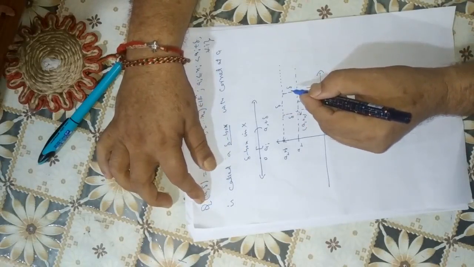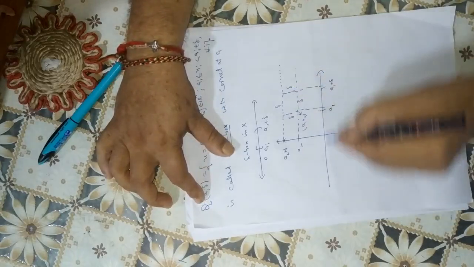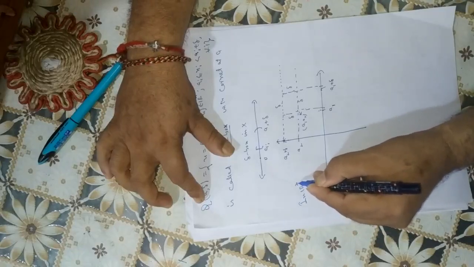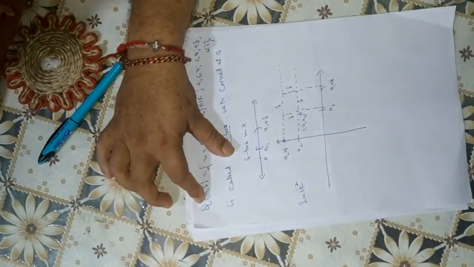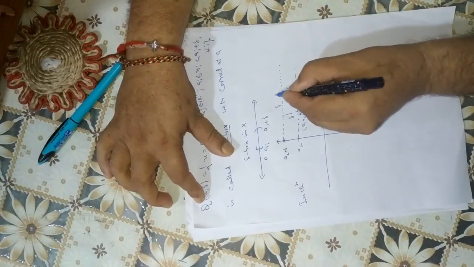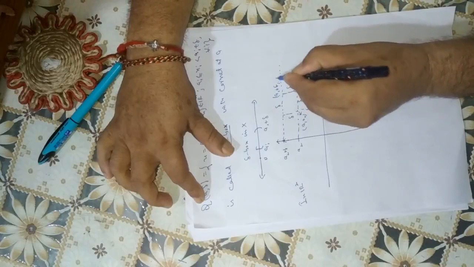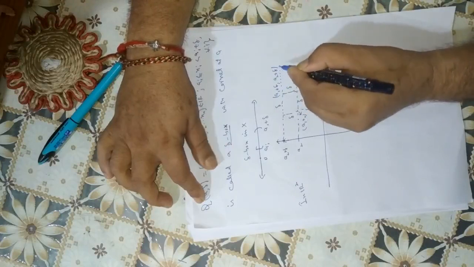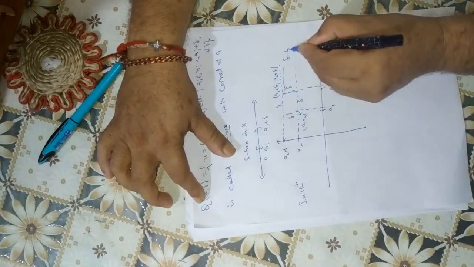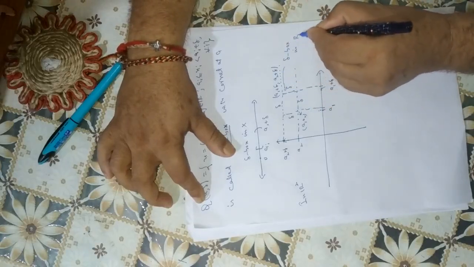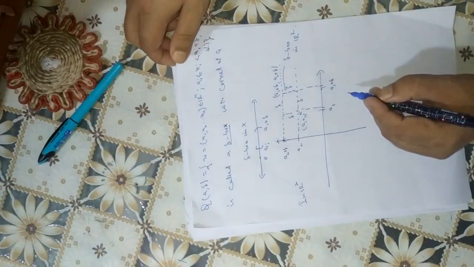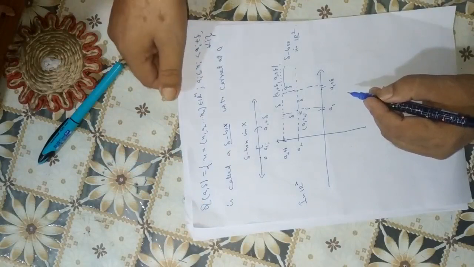In R2, this is what we have here: A1 plus delta, A2 plus delta. So this is the delta box. This is how the delta box will look in R2.